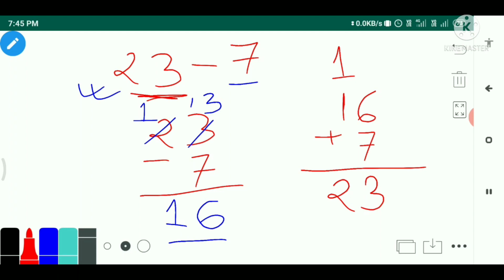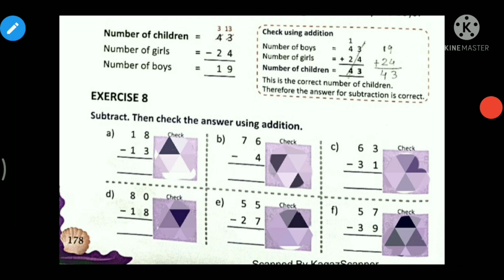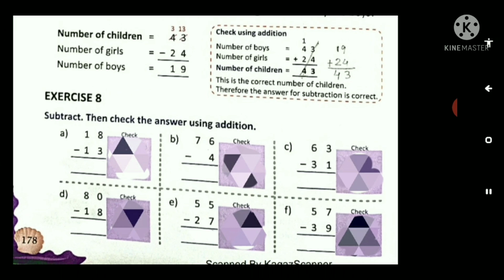Okay, now we'll do some questions that are given in your book. See exercise 8, page number 178. Here, first of all, we have to do subtraction, then we have to check whether our subtraction is correct or not.